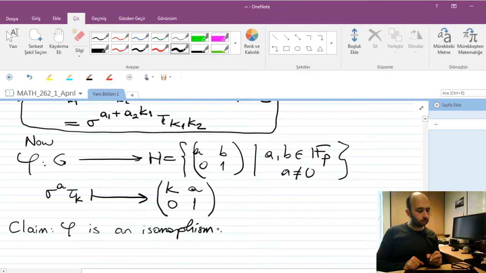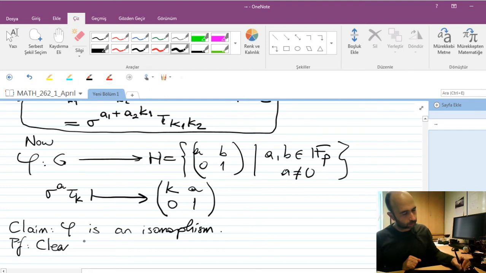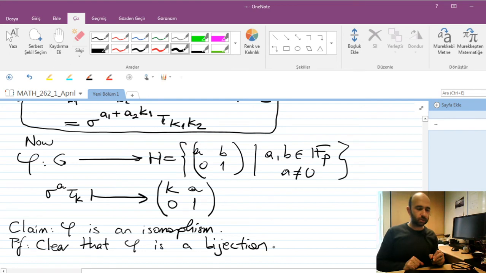Now, it's kind of clear that phi is a bijection. I don't need to say too much about this because, just look at this.